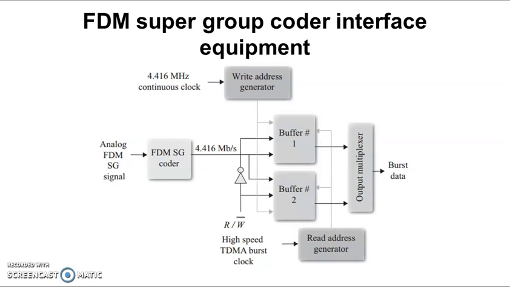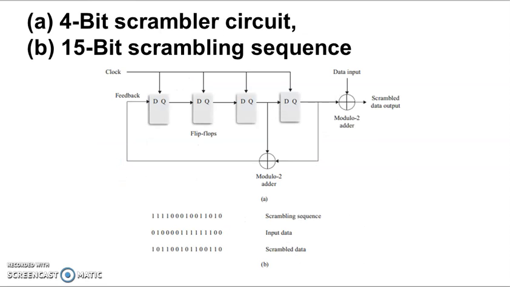Now in this particular FDMA, there is one more concept to consider, which is the scrambler. Generally, the scrambler is used to retrieve the clock rate at which the data is transmitting, because the TDMA frame bits consist of zeros and ones, and the TDMA frame format has a repetitive frame.